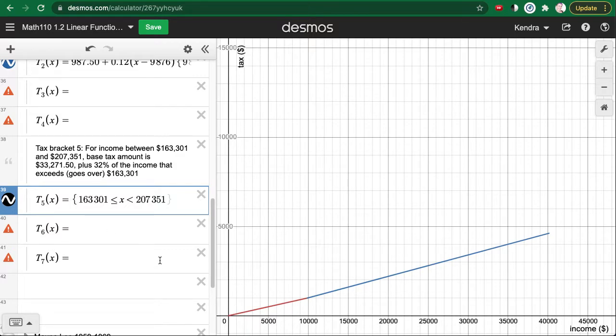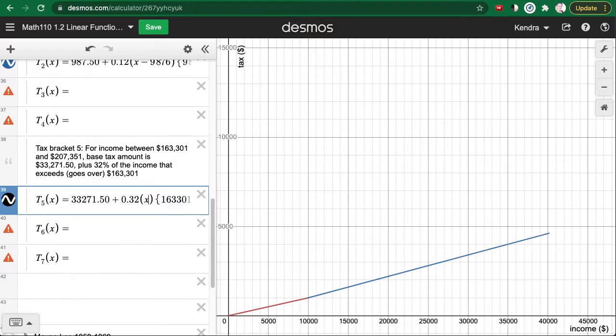The base amount is going to be $33,271.50. And then 32% of the income that exceeds that $163,000. So it's going to be 32% of the amount that exceeds that.